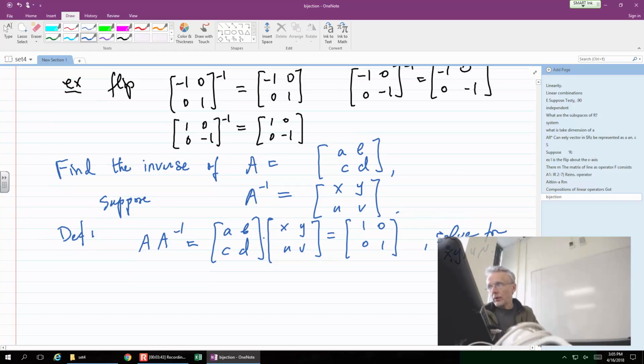So we need to find the inverse, which is a matrix with 4 entries, and so I just wrote half of the definition here. Now I need to find those numbers x, y, u, v. So what is it?